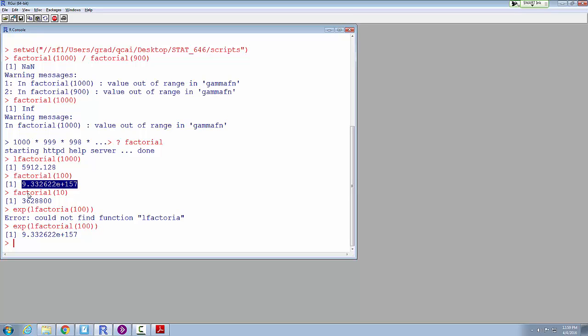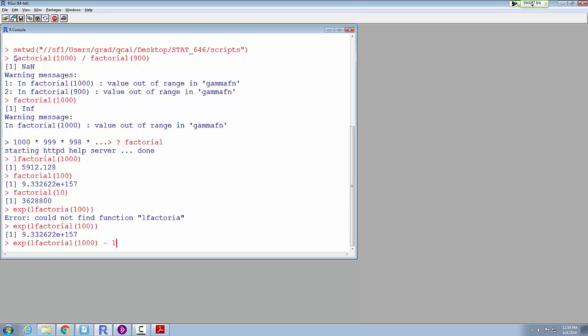So if, say, I wanted to do factorial 1,000 divided by factorial 900, like we tried here, what I could do instead is e to the L factorial 1,000. That's the log of the factorial. The log ratio is the difference of the logs.